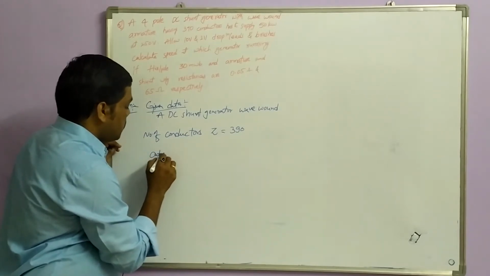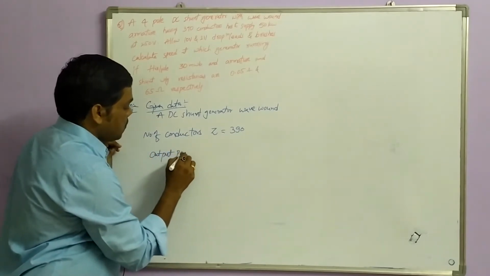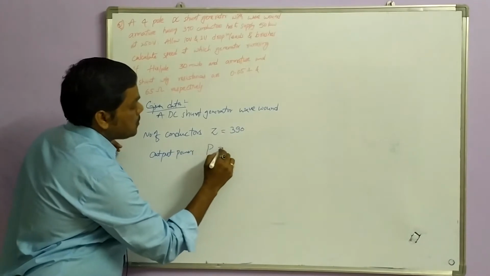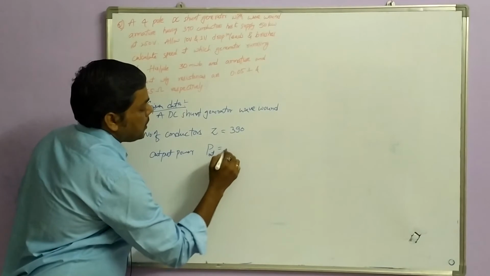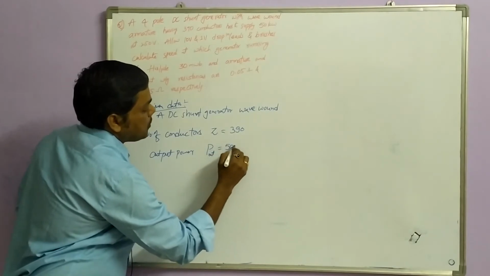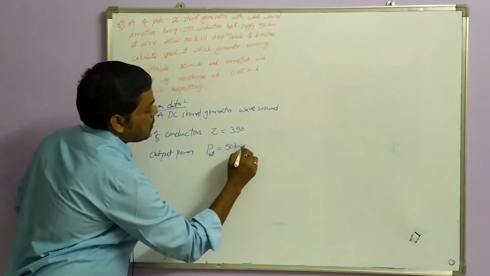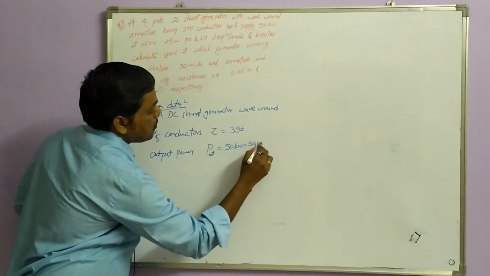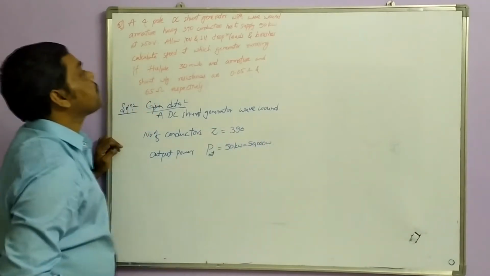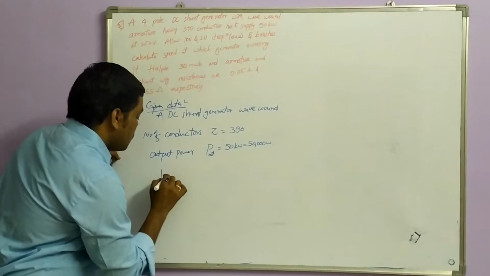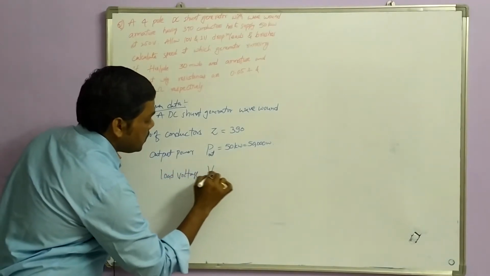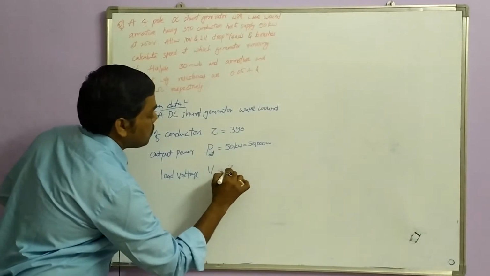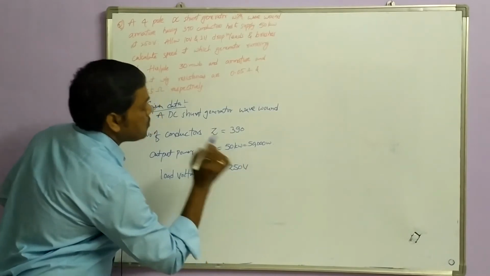So output power P, you can also write as P out, is equal to 50 kilowatts, nothing but 50,000 watts. And the load voltage V is equal to 250 volts.